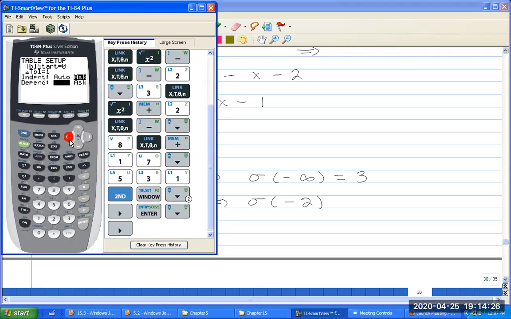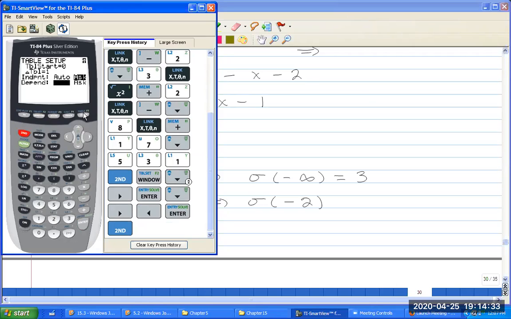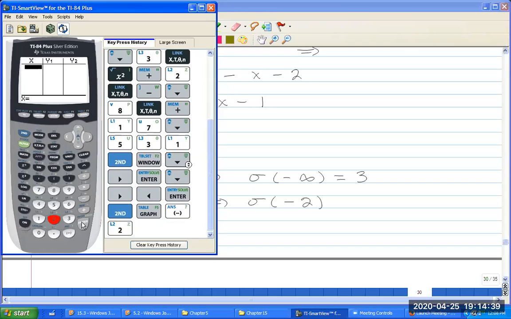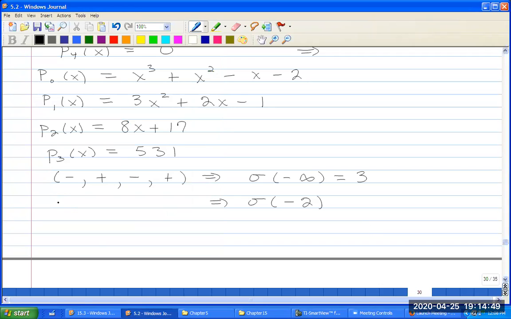Okay, so let's do this table. I want to do it at negative 2, so I'll plug in negative 2. Gives me a negative 4, positive 7, so negative, positive, negative, positive. It may not have changed.